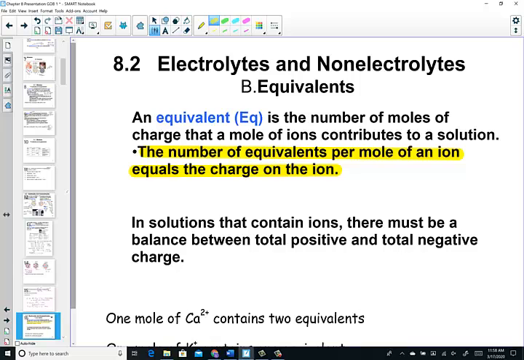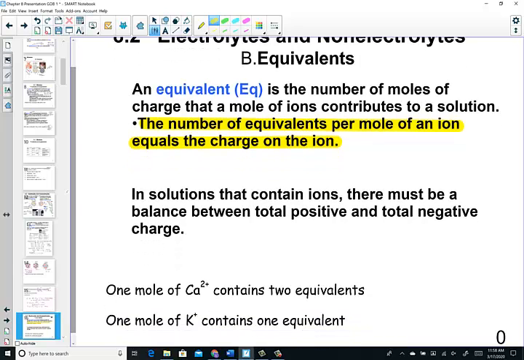Now, sometimes we have positive charge and sometimes we have negative charge. And in solutions, there must be an electrical balance. So you have to have a balance between the total positive and the total negative charge. Just like in an ionic salt, we need one positive charge to balance one negative charge to create an electrically neutral solution. For example, this is the calcium ion, Ca2+.